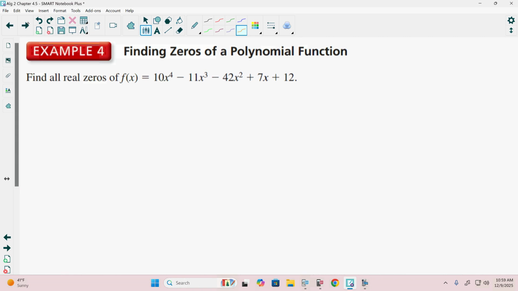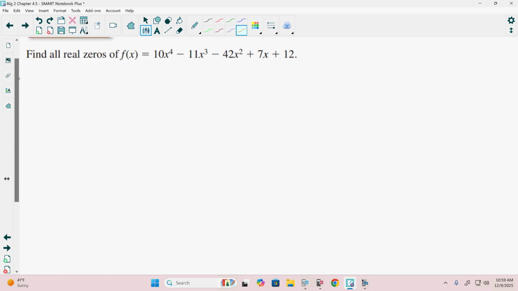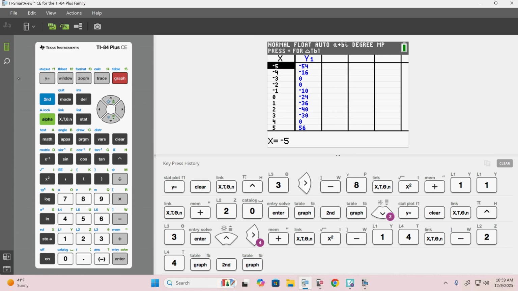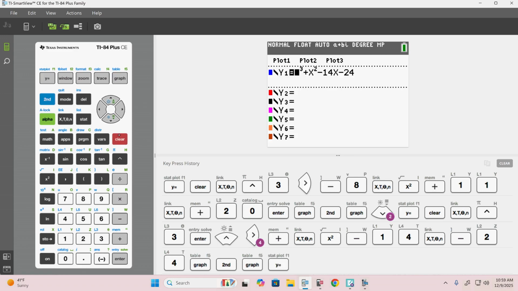For space-wise, we're going to skip that one. We're going to look at this one here. We want to find all the real zeros of this polynomial. Well, at this point, why do we even need to do the rational zeros? So let's just graph it.